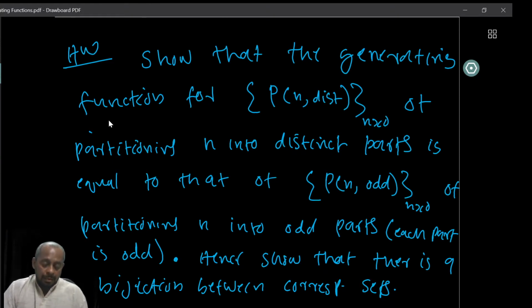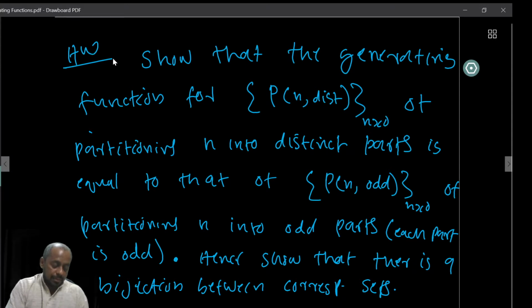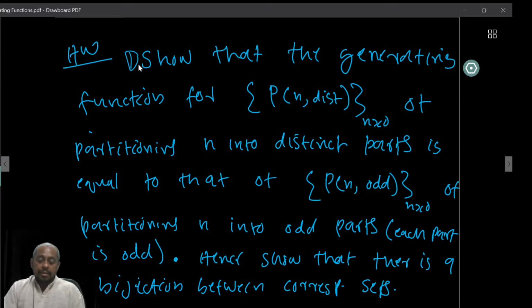Now, a couple of homeworks. The first question is to show that the generating function for p(n, dist), which I denote as the partitions of n into distinct parts, is equal to that of p(n, odd), where this counts the number of partitions of n into odd parts, each part being odd.